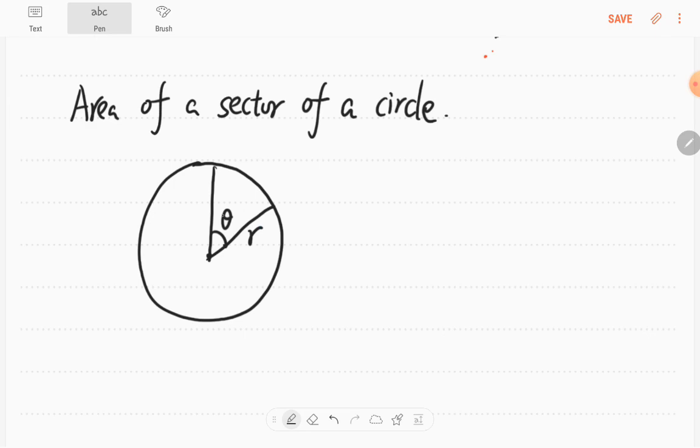What is the area? What's the area for the shaded region? Okay, so let's derive the formula. We denote this area to be A. Okay, this is A, the area.